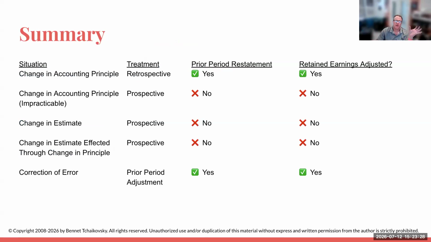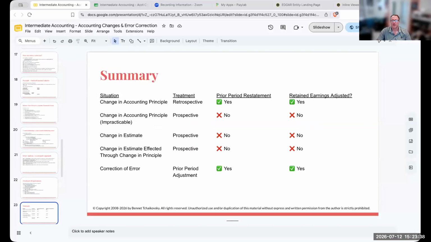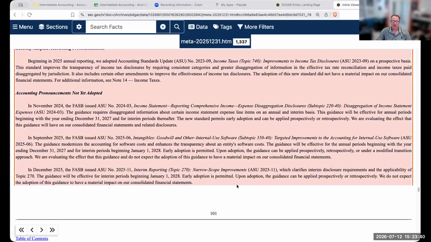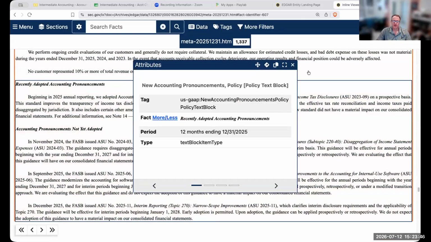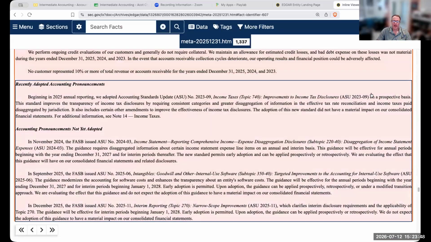Remember the one exception: if it's impractical to do so, we only handle that prospectively. I showed you some examples in the last video, and I'll show it to you again, where the FASB or Securities and Exchange Commission will give you options for handling things.